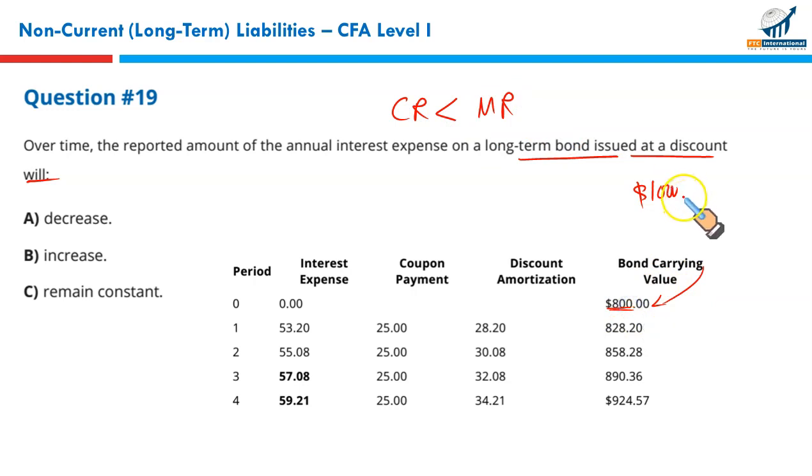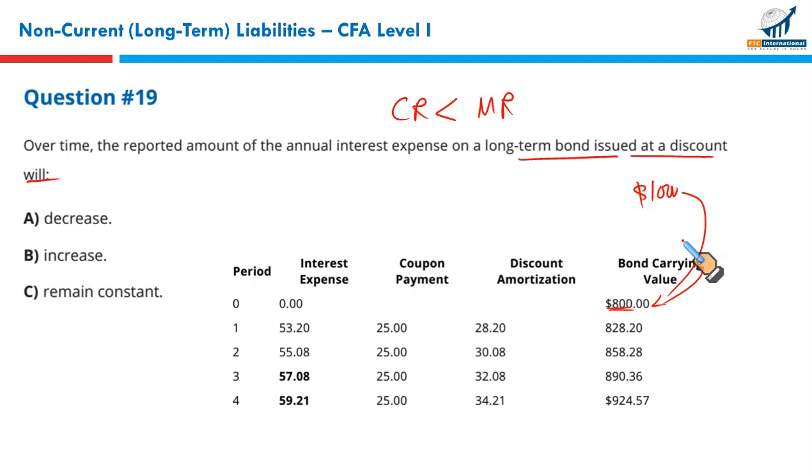So this 200 difference, please gentlemen, I need full attention, because that's where people get trouble. The difference between the par and the book value is called discount in this case. Let me see what was the exact number, 28.2. I want to make sure that I get the right 32.08 and 34.21.